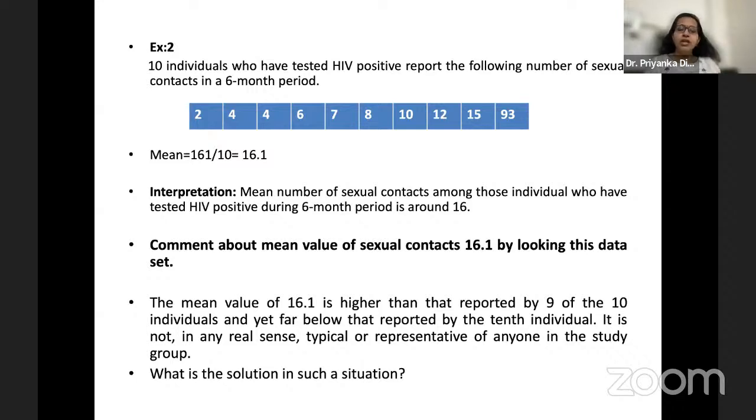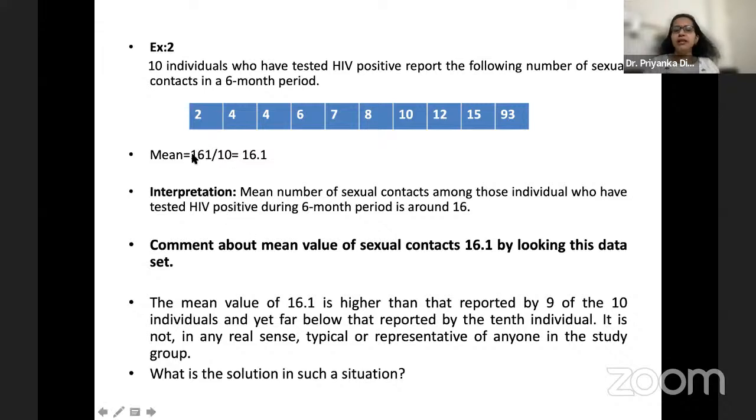Okay. So now I am going to apply the formula. What is my formula? I have to add 2 plus 4 plus 4 plus 6 up to 93, divided by how many observations we have? 10 observations. Divided by 10.